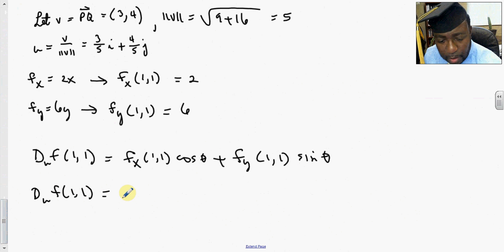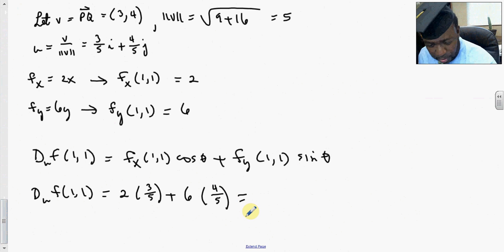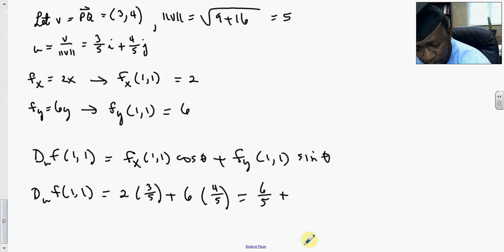So this gives us the 2, which is the partial of f with respect to x, times the cosine, which is 3 over 5, plus the partial of f with respect to y, 6, times the sine theta, which is 4 over 5. So that gives us 6 over 5 plus 24 over 5. So you get 30 over 5, and that just gives us 6.